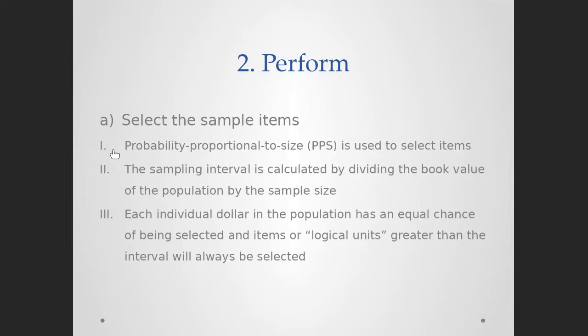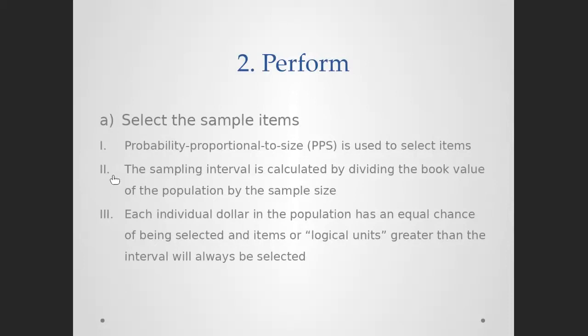You have two numbers, 5,000 and 1,000. Which one has a greater possibility of being selected if probability is based on size? Right, 5,000 has a greater chance. So the larger the number is, the greater the probability is of it being selected in the sample. So that's the first point.